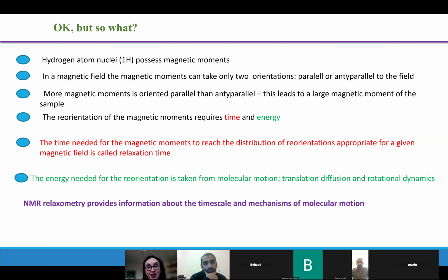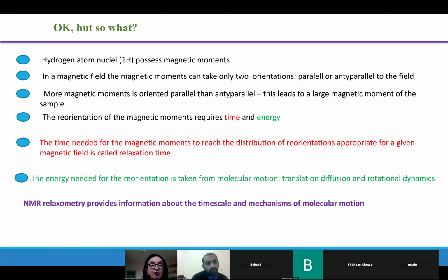So we have to define something like that between molecules, not really between molecules, but between protons, between the magnetic moments. Because otherwise there is no way to transfer energy in any direction.